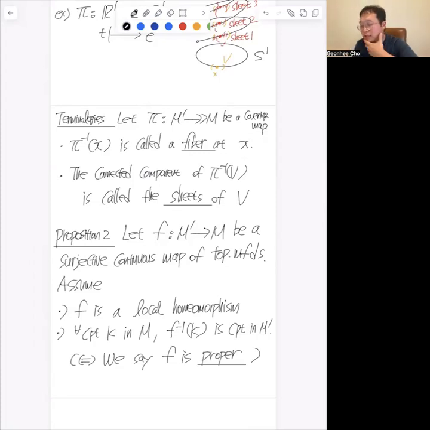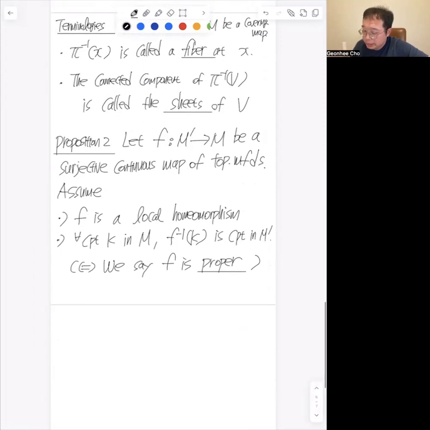This condition looks quite subtle, but we should require it as well. Once we require these two conditions, then F must be a covering map.